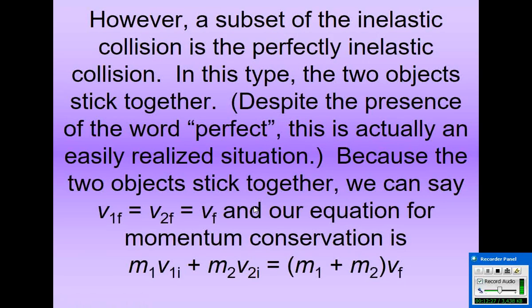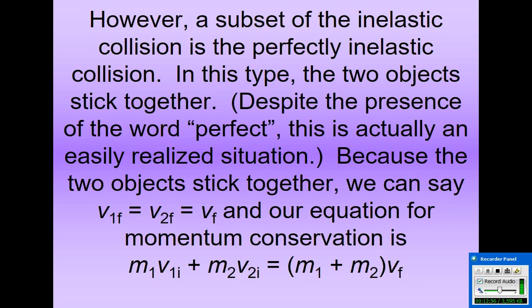But I mentioned the perfectly inelastic collision, which is a type of inelastic collision, but it has one particular property. In the collision, the two objects stick together. After the collision, they're moving as one object. If after the collision they are moving as one object, we can say V1 final equals V2 final, and we might as well just call that V final.